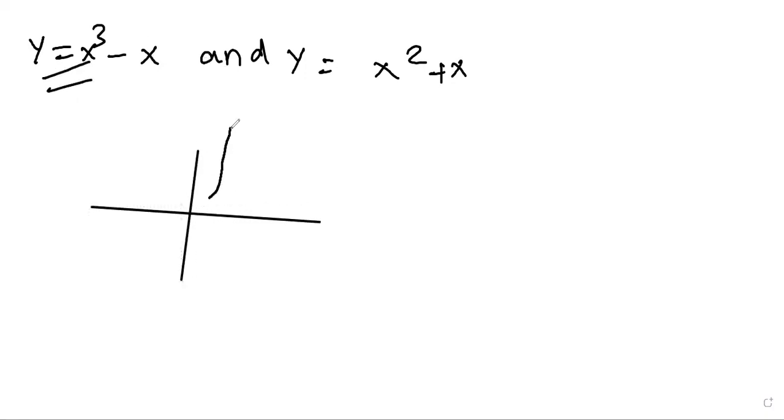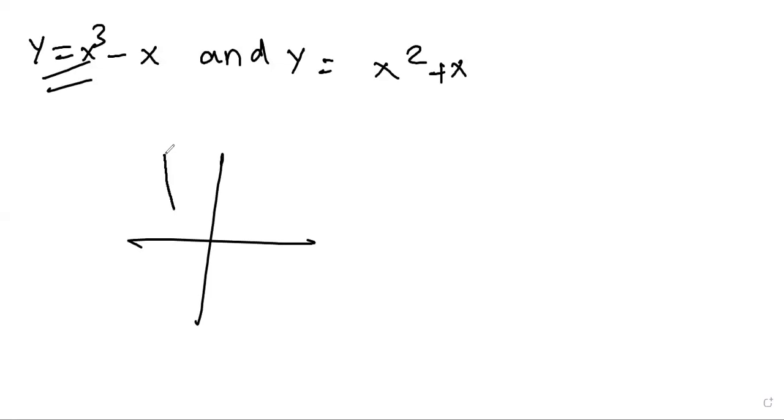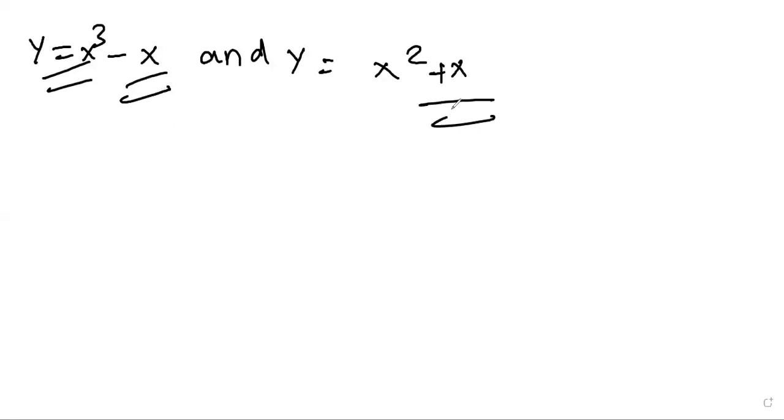So we will draw a cubic curve like this, right? And x square we just have to draw like this, that is y is equal to x square. But here you have to subtract the line x from that, and here you have to add the line x to the parabolic curve, right? So let's see how to depict them.